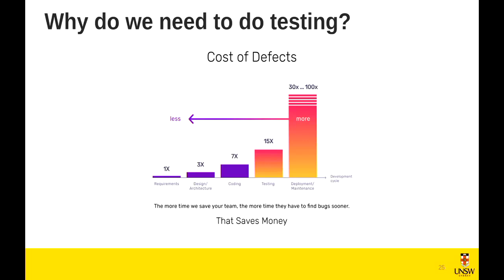You are trying to fix the requirements, and that won't cost you too much. And if you are designing the architecture of your software, the bug will not cost you that much as well. And if you are doing coding, you can imagine that you need to debug your code, you need to fix your code. So this will cost you.